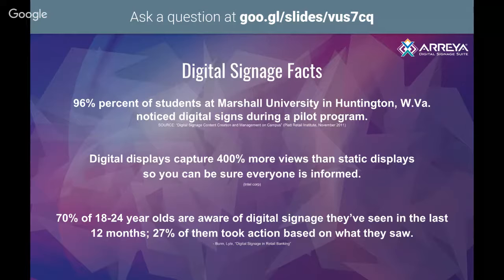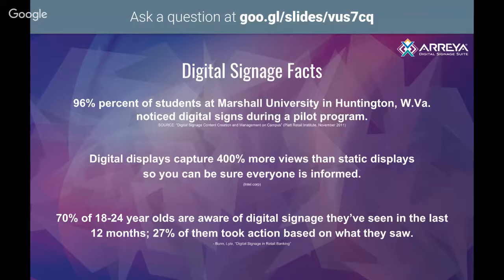Outside of the education market, Intel says that digital displays capture about 400% more views than static displays. So if you think of posters on a wall in a school, or a bulletin board, or posted announcements, imagine if you could get 400% more views on those. And the last statistic here is that 70% of 18 to 24-year-olds are aware of digital signage they've seen.